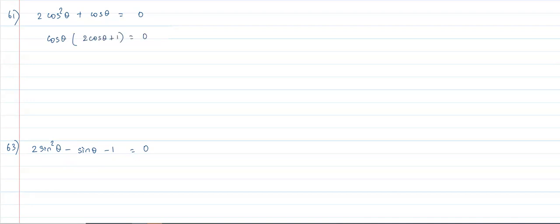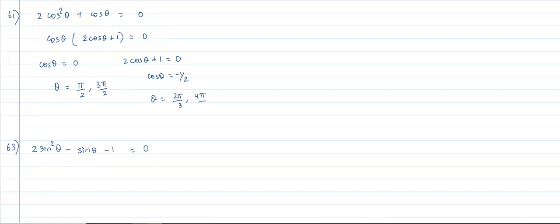Now that it is in the factored form, I equate each factor to 0 and solve. So cosine theta is 0, means theta is either pi over 2 or 3 pi over 2. Here I simplify, I get cosine theta is negative half, which means theta is either going to be 2 pi over 3 or 4 pi over 3.